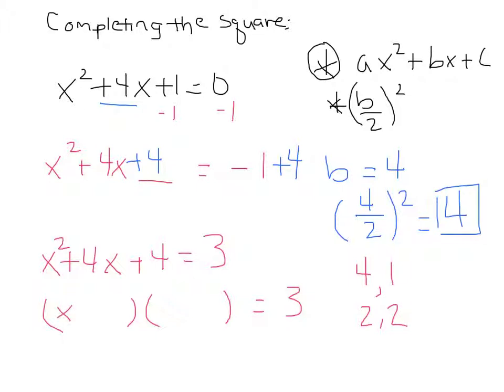So in that case, my factors are positive 2, positive 2. And it's called completing the square because now I can write this as a perfect square. So it's (x plus 2) squared equals 3.